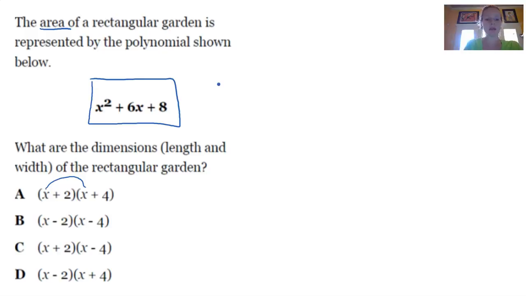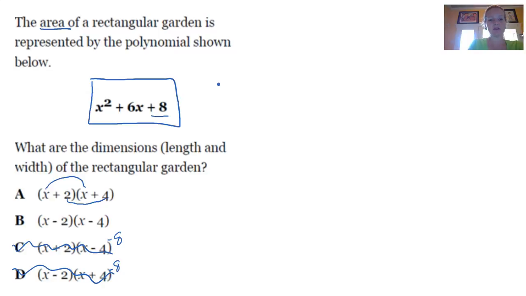I am going to look at my last two because I know I need a positive 8. So a positive 2 times a positive 4 will give me a positive 8. A negative 2 times a negative 4 will give me a positive 8. But a positive 2 and a negative 4, that's a negative 8. So that doesn't work. Negative 2 times a positive 4, that's a negative 8. That doesn't work. So I'm only left with A and B.